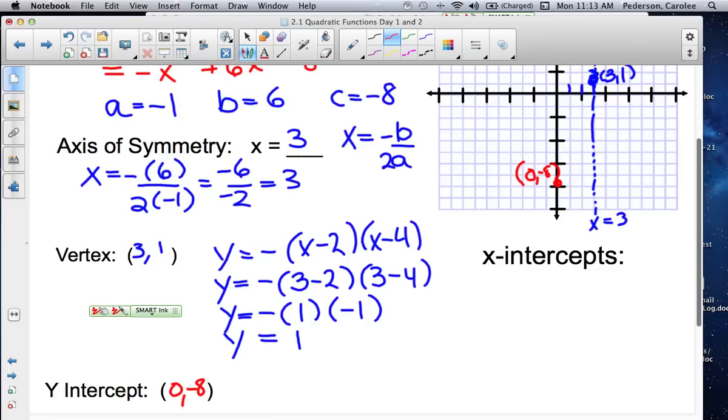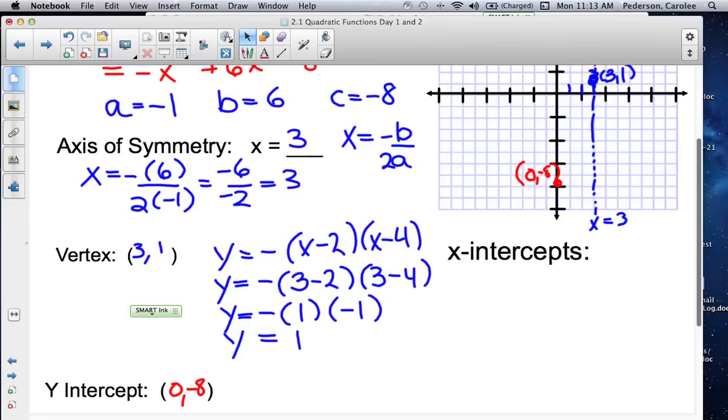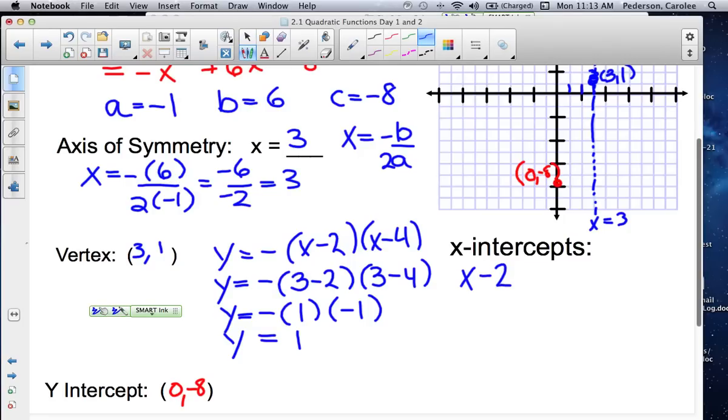Two things left. Let's find the intercepts for the x-axis now. To find the x-intercepts, we're going to set each factored part, so those parentheses, equal to 0 and solve for x. So one of the factors is x minus 2. The other factor is x minus 4.